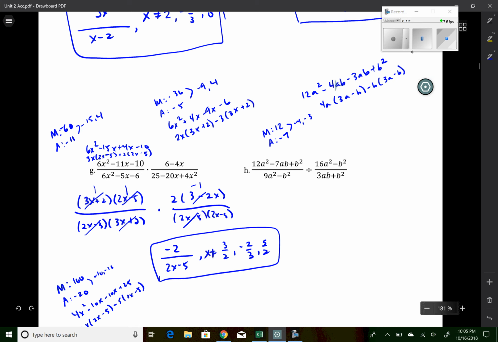So that first numerator is going to become 4a minus b and 3a minus b, all divided by 3a plus b, 3a minus b, difference of two squares, times another difference of two squares, 4a plus b and 4a minus b, and that's unfactorable other than a GCF of b, which is going to leave you with 3a plus b. Oh shoot, I forgot to flip.